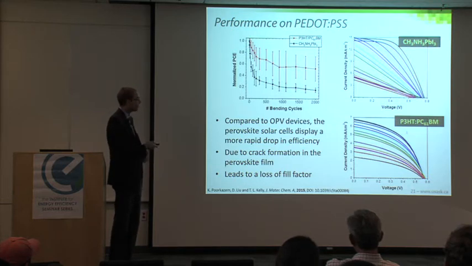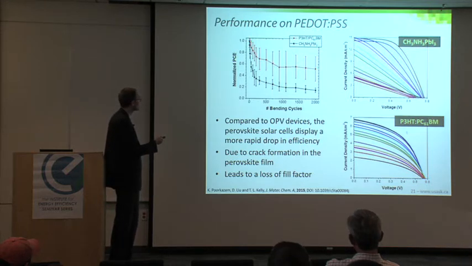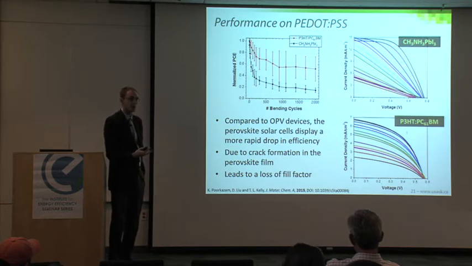We mechanically fatigued them through 2,000 bending cycles, and you see a decrease in efficiency, which is what you might expect. But in the case of the perovskite devices, that decrease is very much more pronounced. It's a very, very rapid loss of efficiency as you start to form those cracks within the perovskite film.